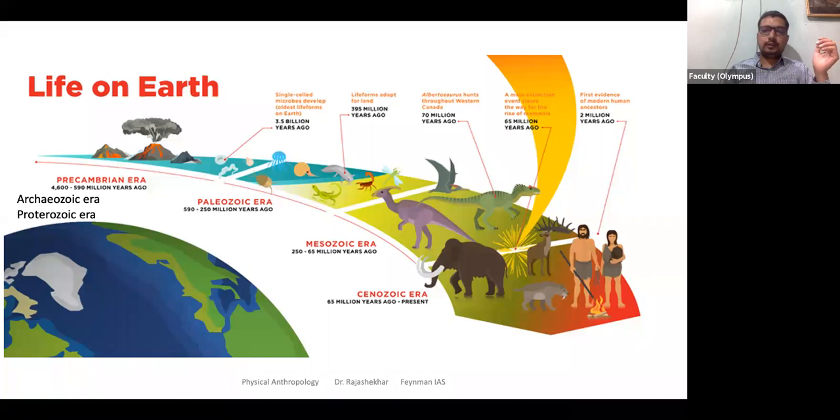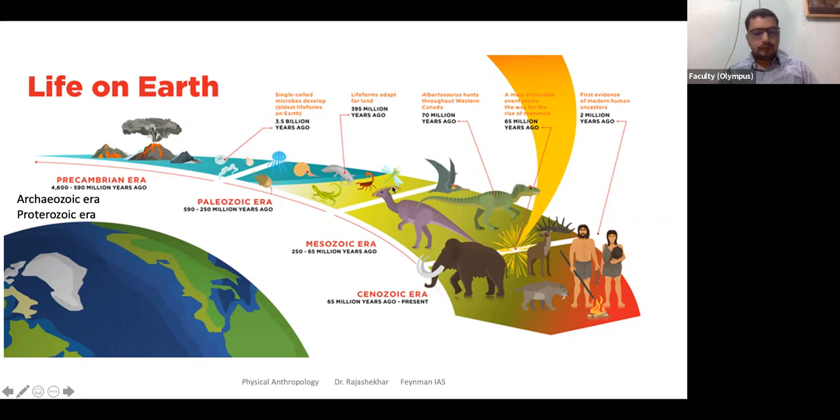Of course, in anthropology, we are more interested in the area where primates have come, and from apes and other monkeys, humans evolved. So our focus is on this, but with a brief idea of what else was there.